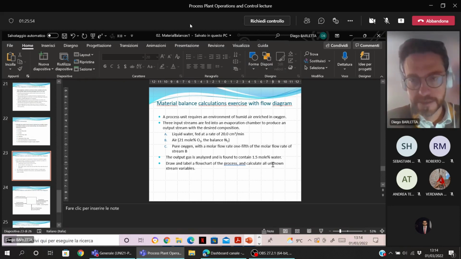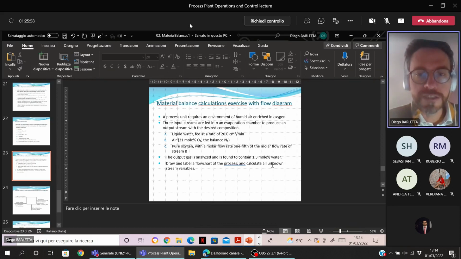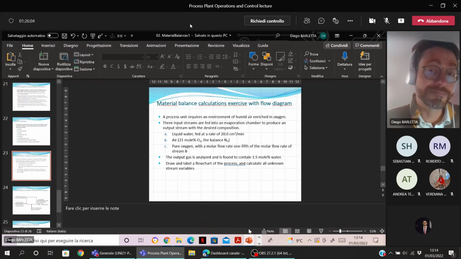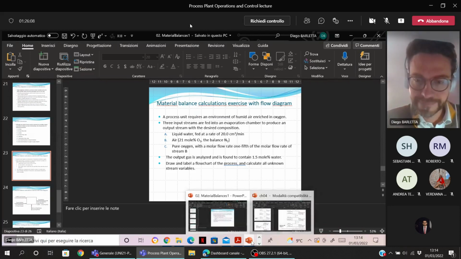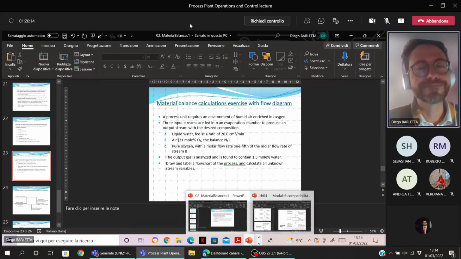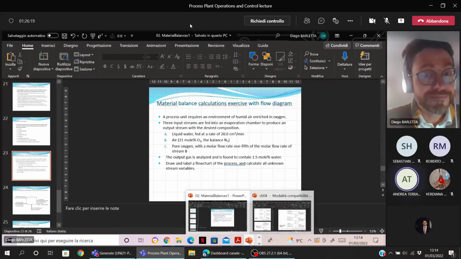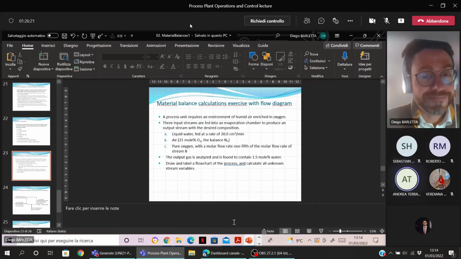So in terms of mole fraction, what does it mean? 1.5% in mole fraction corresponds to 0.015.